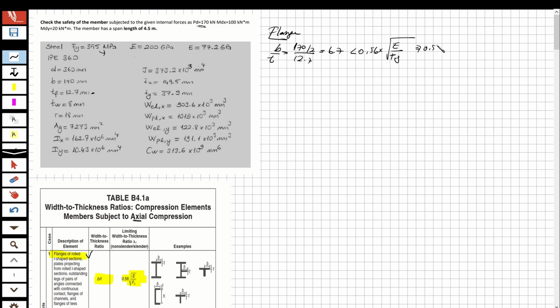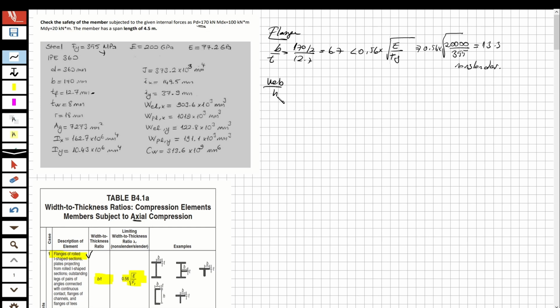So 0.56 multiplied by 200,000 over 355 is equal to 13.3. You can see that this is smaller than this one, so this is a non-slender section. Let's do it for the web part.